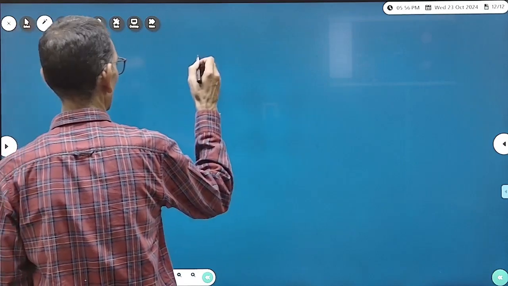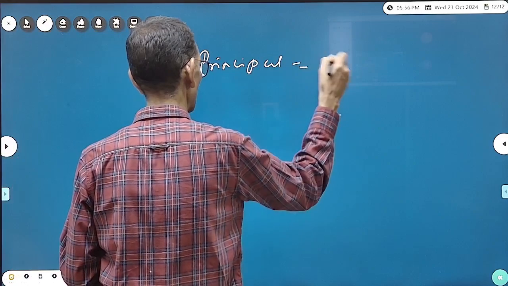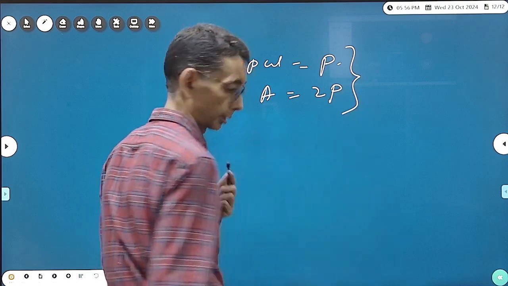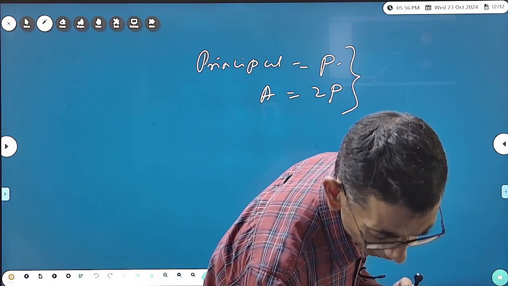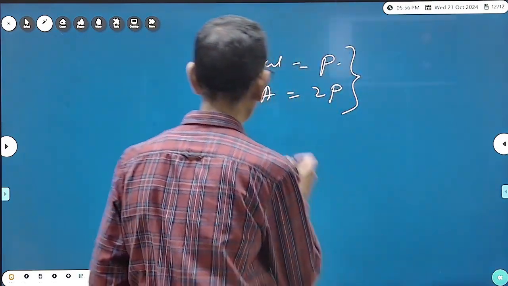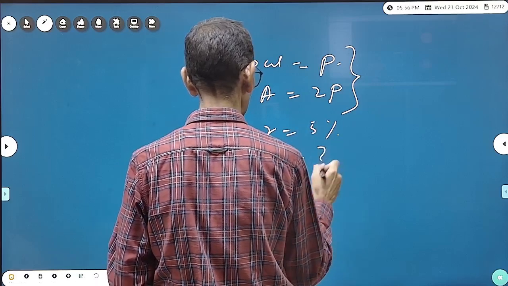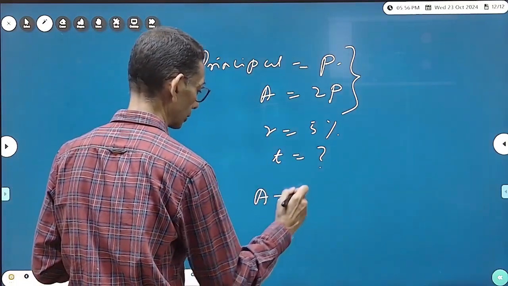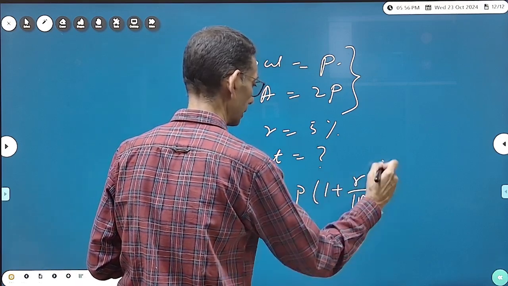So here, principal is P and the amount, double itself, means 2P. R is equal to 5%, time we do not know. The amount formula: A is equal to P (1 + R/100) whole to the power n.